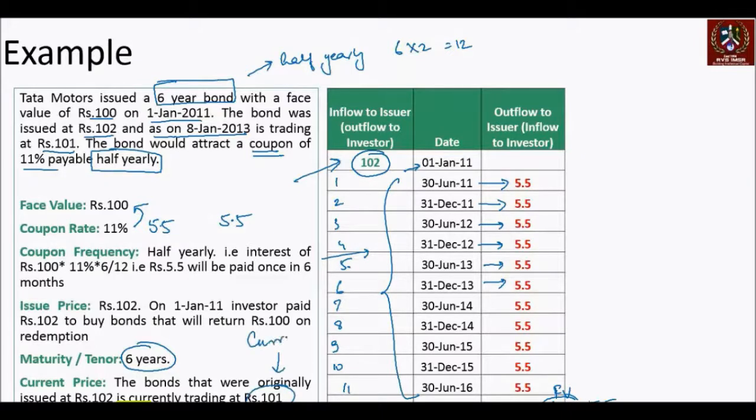That's the current price. We'll come to how we define the current price, because that will involve a little bit of concepts of valuation of the bond as we go there. But that basically is an example of a bond: how a bond functions and what these instruments carry with them in terms of nomenclature, and what the key terminologies are that any bond will have with itself. That's where we end this particular section.